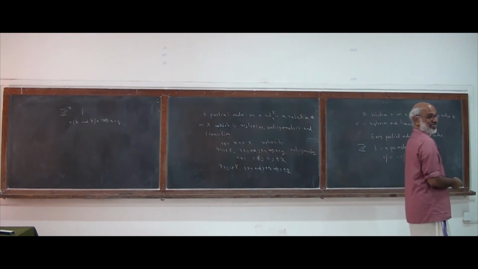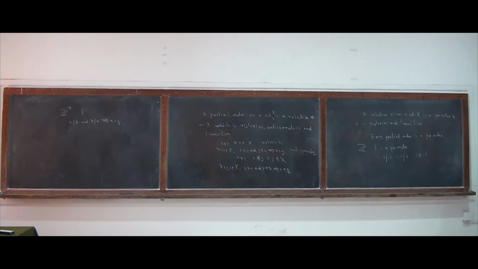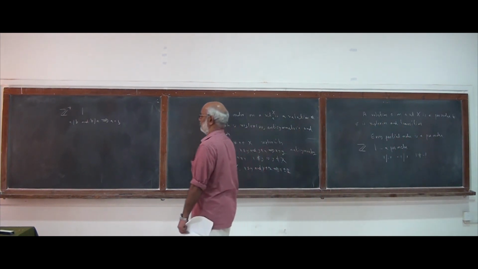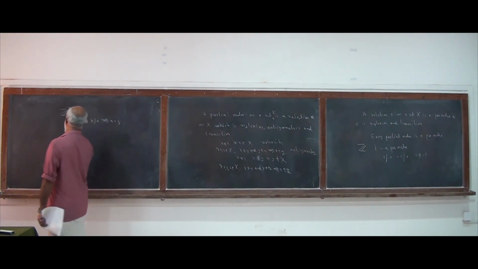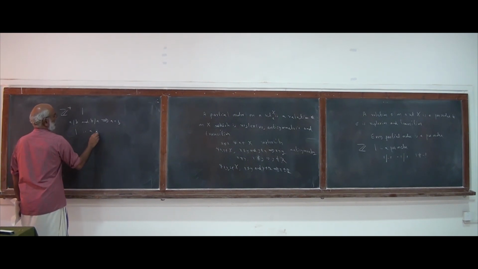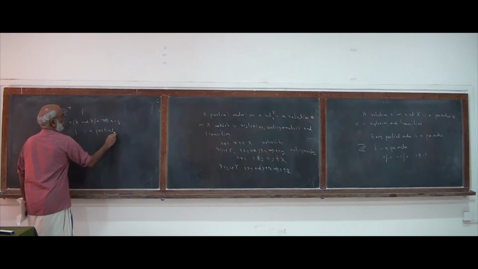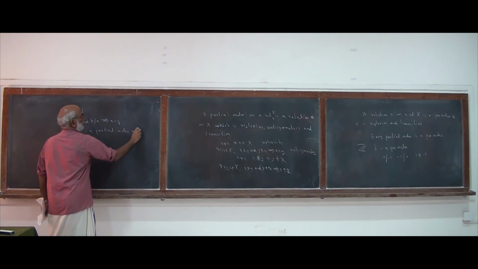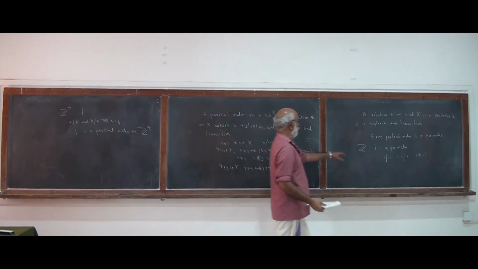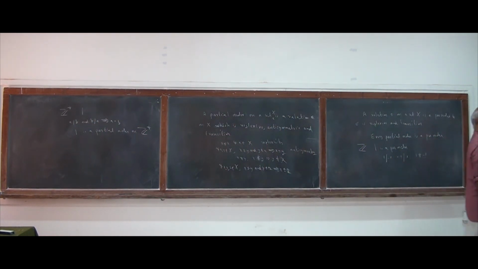But among integers, the result is not true, because if you take any integer a, a divides minus a and minus a divides a, but a need not be equal to minus a unless a is equal to 0. So this divides is a partial order on Z plus. Whereas divides is a pre-order on the set of all integers.